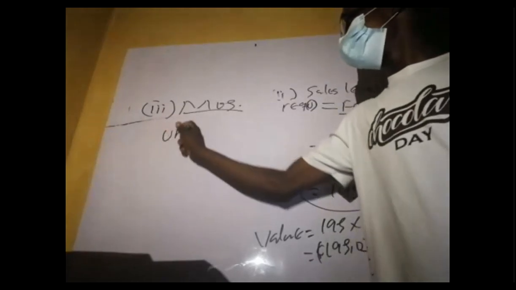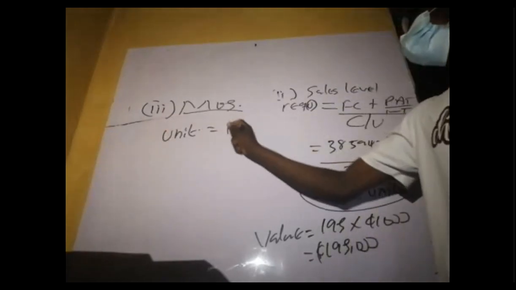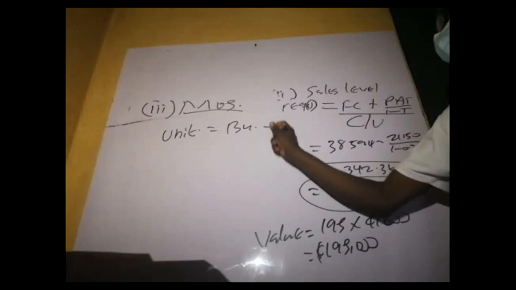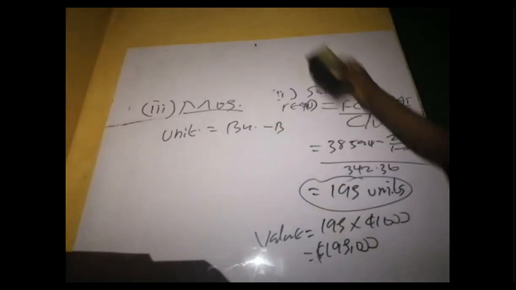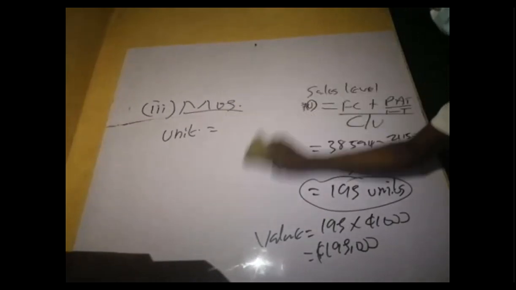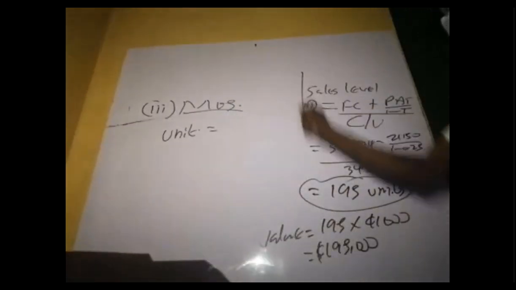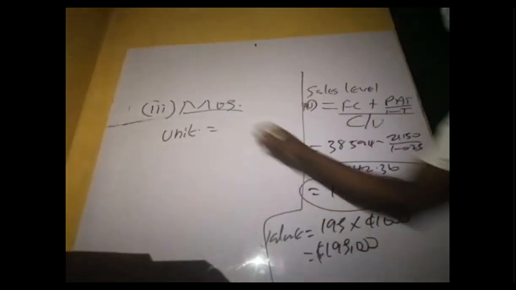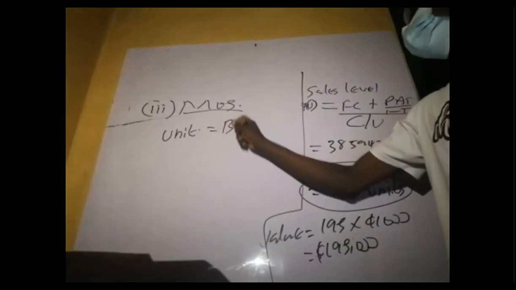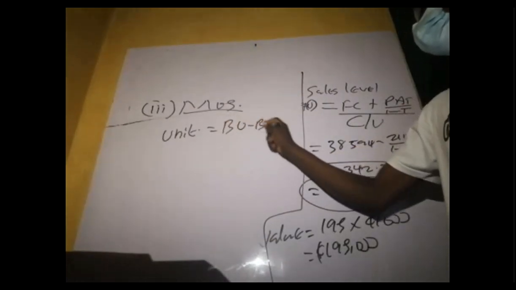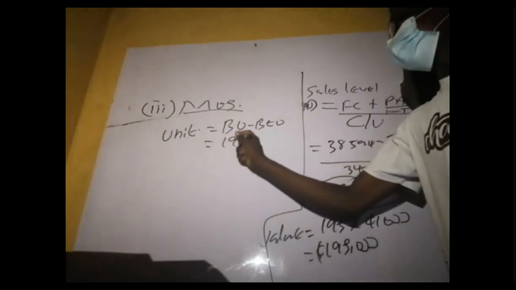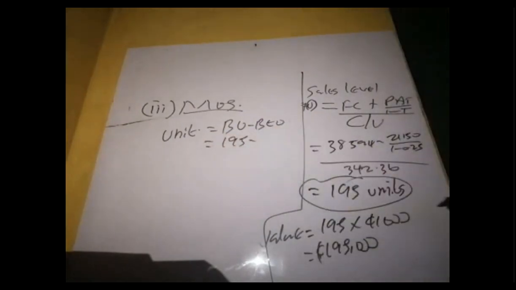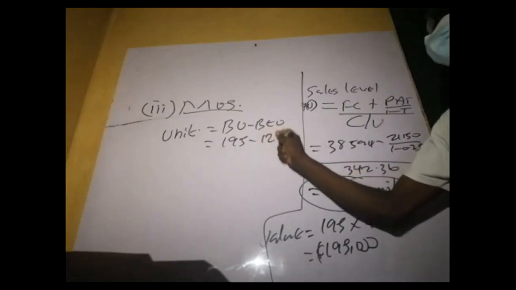Margin of safety in units is equal to the budgeted unit minus the break-even unit. So what's the budgeted unit here? 195. What's the break-even unit? 127.